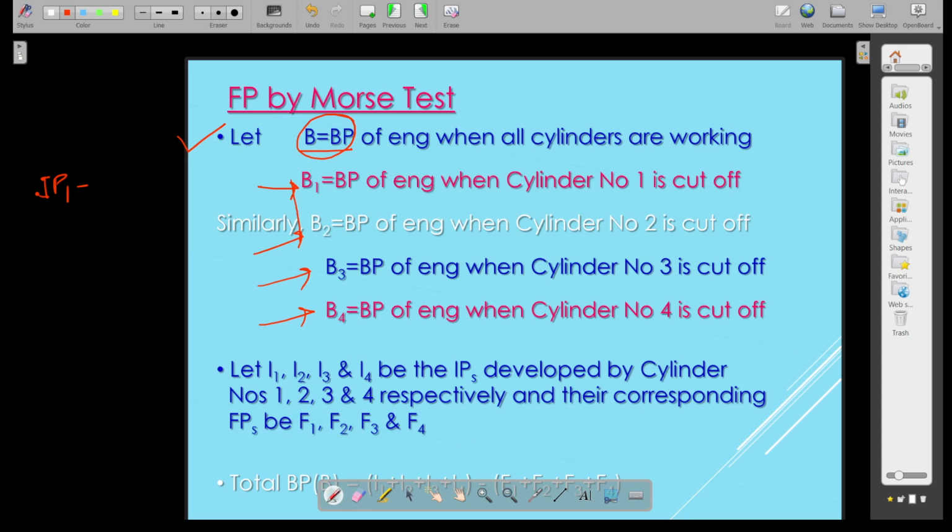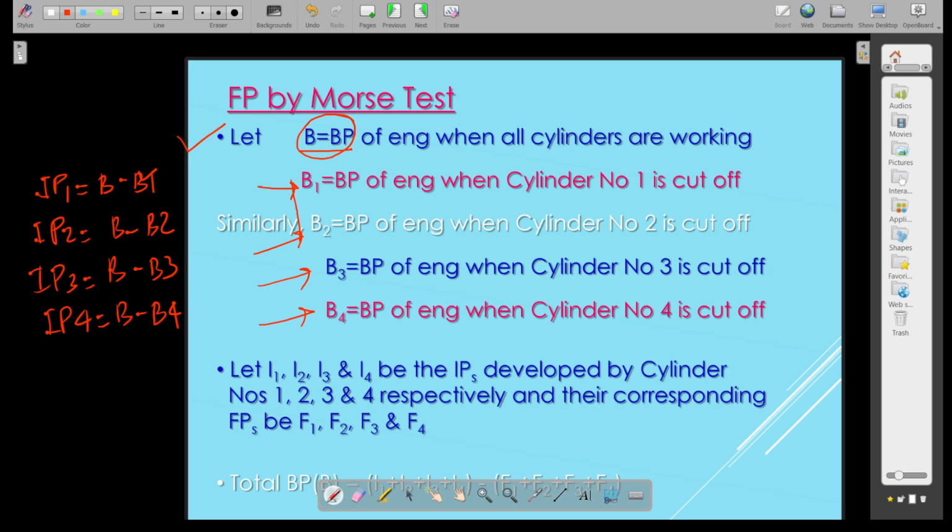IP1 means B minus B1. Then I will get IP2. IP2 बोले तो कैसा, B minus B2. IP3 बोले तो कैसा, if I want to find IP3, B minus B3. If I want to find IP4, फोर सिलेंडर B माइनस B4.